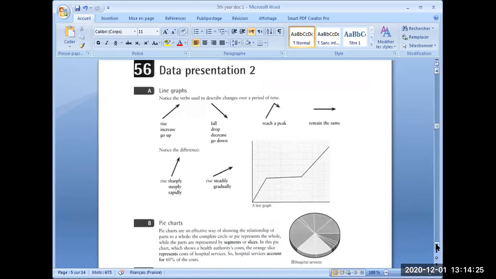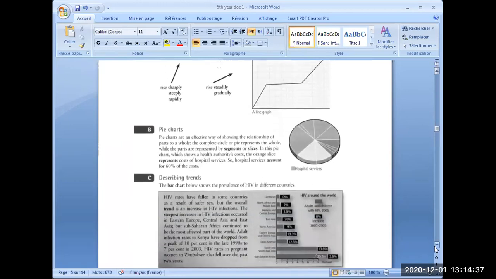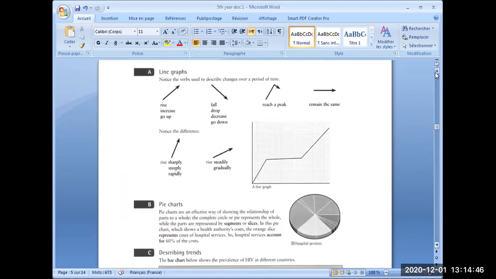You can have it in a form of a pie chart, the example in B, and it can be like this when we describe a trend, and this is called a bar chart. 3 types of charts and graphs. The common language we use to make interpretation depends on the shape, on the movement. Either it rises, increases, and goes up. It can fall, drop, decrease, or go down. Actually, for go down, you can add the verb plummet, P-L, I write it here.